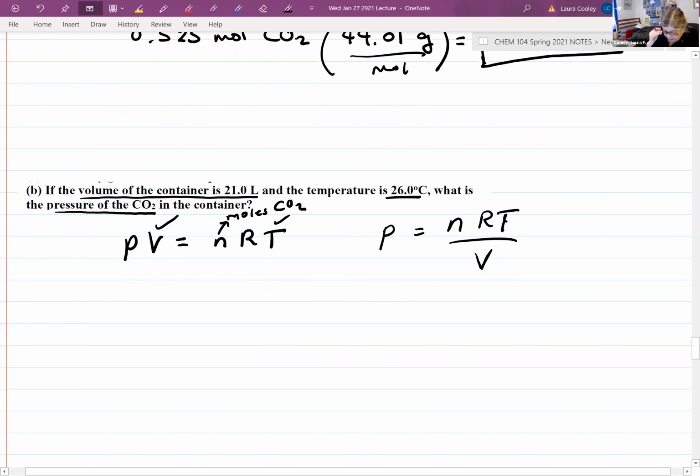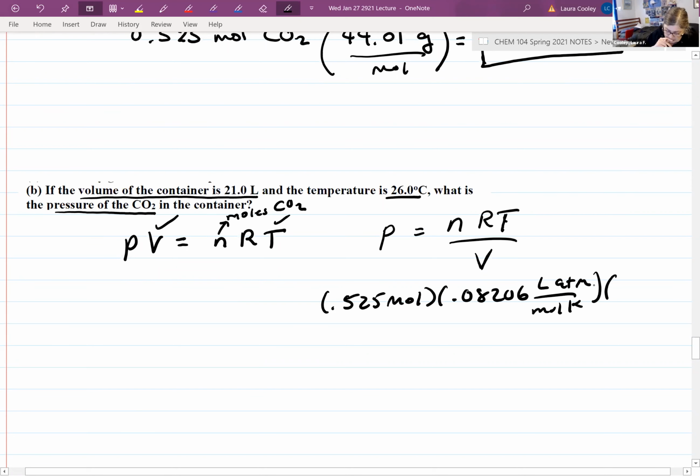Okay, so it's just 0.525 times 0.08206 times, well, 26 degrees C is 299.15, or 299.2.